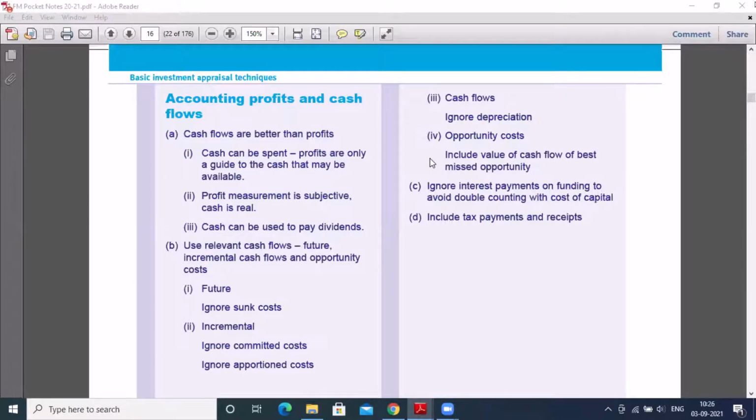A company is having a machine which they are using for their operation purpose, and 3 employees are required to operate the machine. Let us assume that the annual salary of each employee is 1 lakh. It means the company is spending 3 lakhs towards the salary of those employees to run the machine.